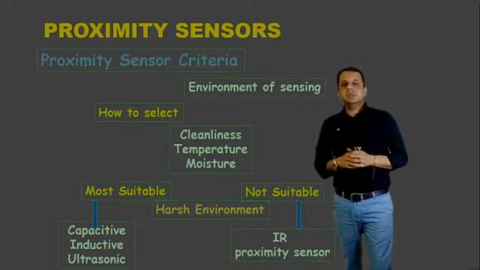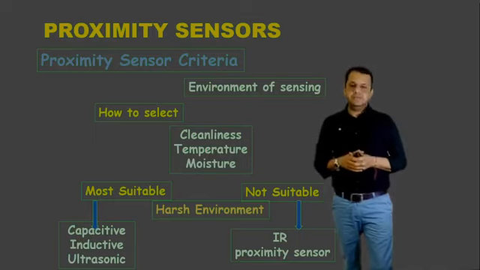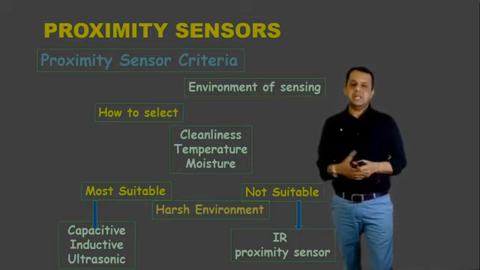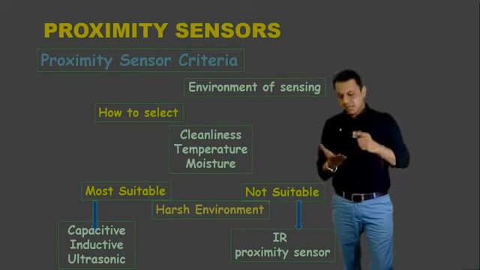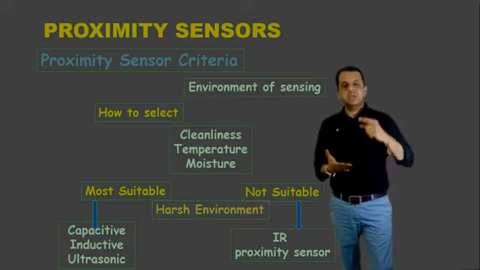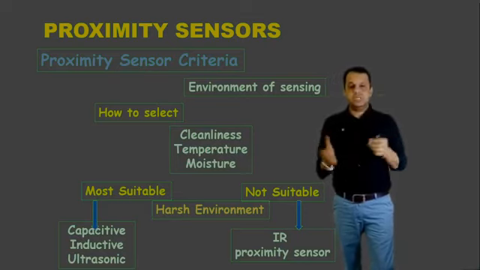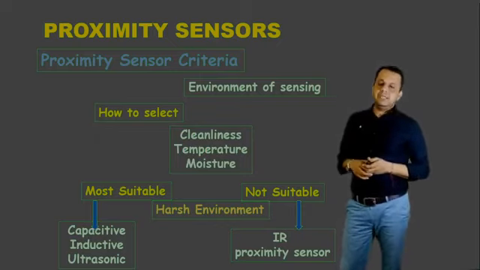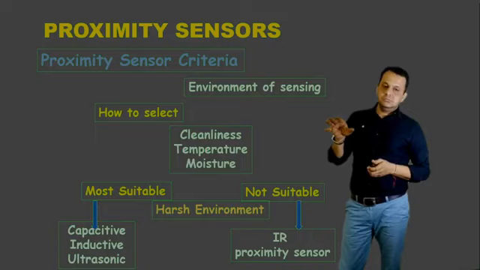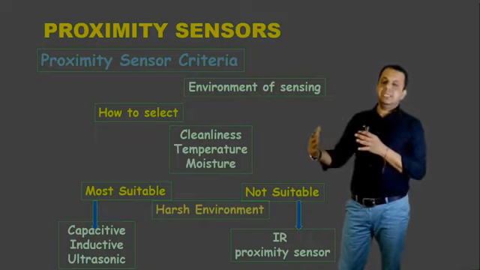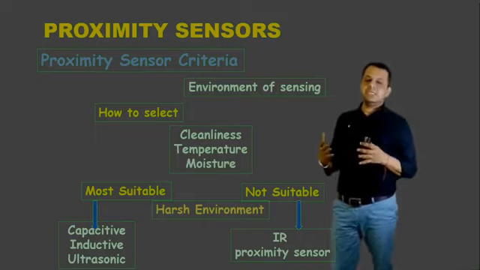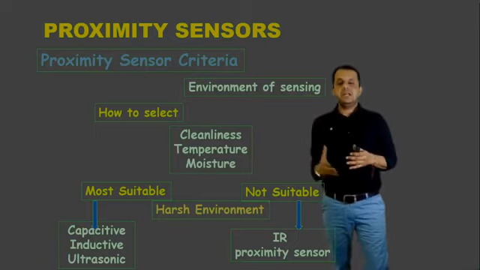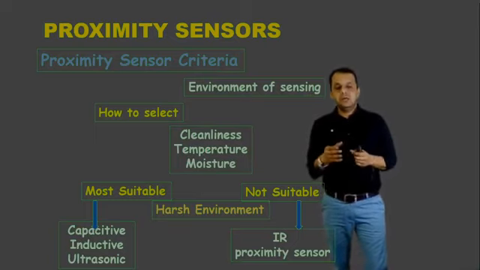The next is the environment of sensing. If you look at the proximity sensor criteria, you need to see cleanliness, temperature and moisture around it. If a very clean environment and moderate temperature is available, capacitive, inductive and ultrasonic sensors work well.